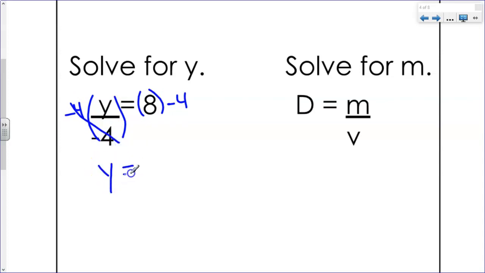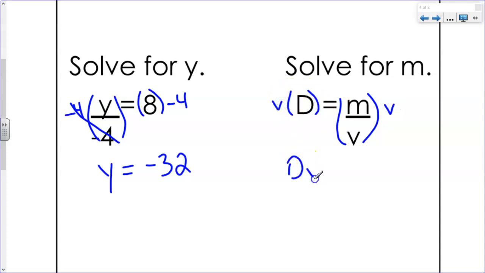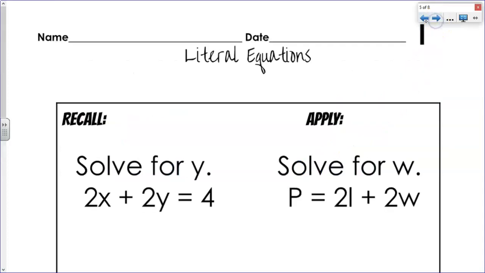We get y equals, positive times a negative is a negative, 32. Same principle. I need to get this m by itself, so I need to undo the v that is dividing. So I'm going to multiply both sides by v. I get dv equals m. Okay, guys, I hope this is making sense.